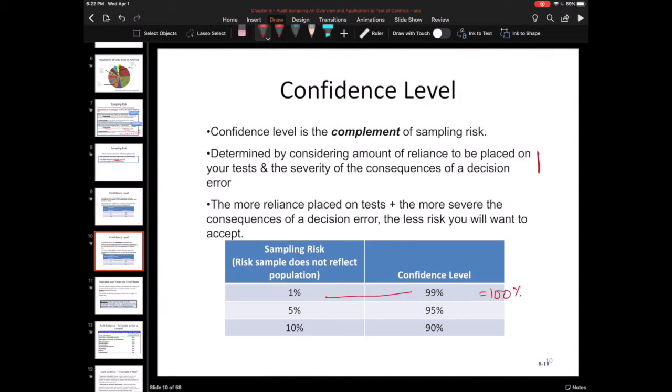So for my key control related to the existence assertion, when I'm testing it, if I'm doing sampling, I might want to have a higher confidence level for that control than my key control that relates to the AR completeness assertion, right? For something like that, I could go with a lower confidence level. I could accept a higher rate of error, so on and so forth.